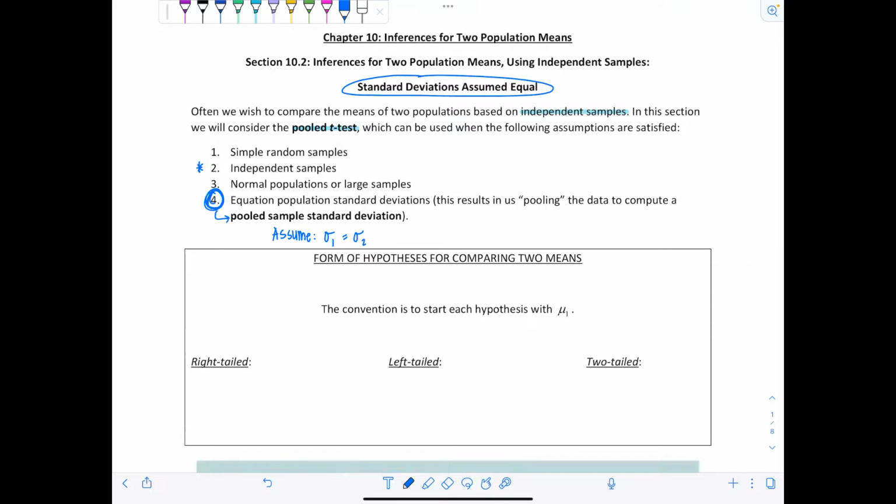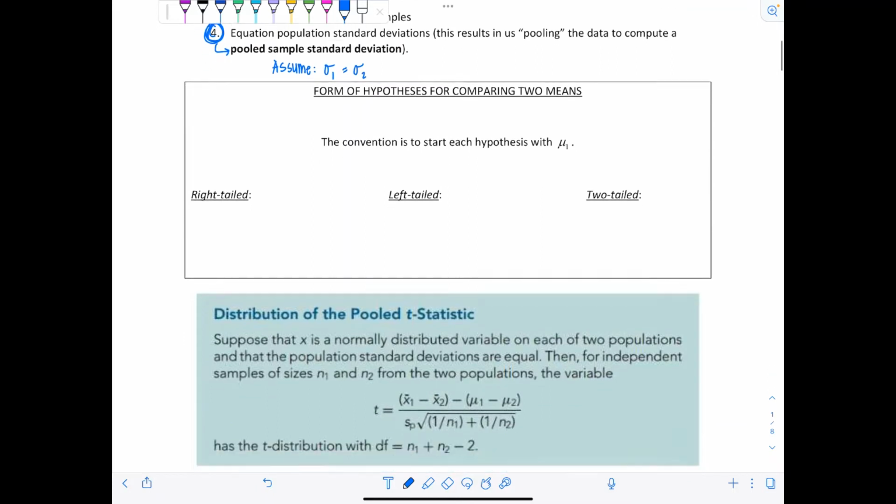Now, when we're setting up a hypothesis test and we're comparing two means, the null and the alternative look a little bit different because obviously now we have a mu1 and a mu2. There are two main ways that we write out our hypotheses. I'll show you both because some textbooks use one way and then StatCrunch does it a different way too. So it's good to understand your options.